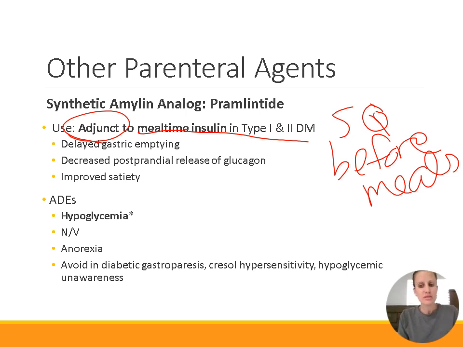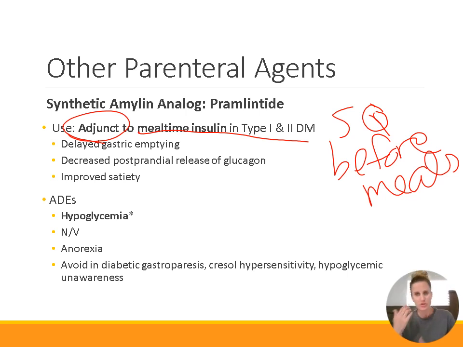Now, I will say the latest recommendations that I read for type 1 diabetes do not recommend this because there's not long-term data showing its safety and efficacy. So type 2 diabetes is the population that it could still be used in.